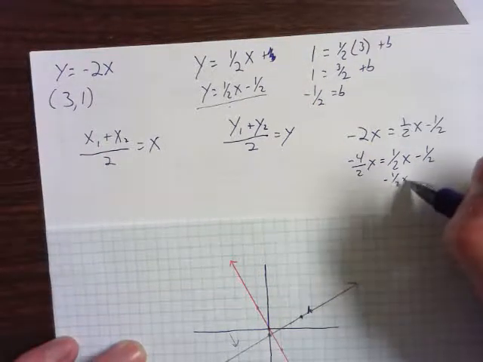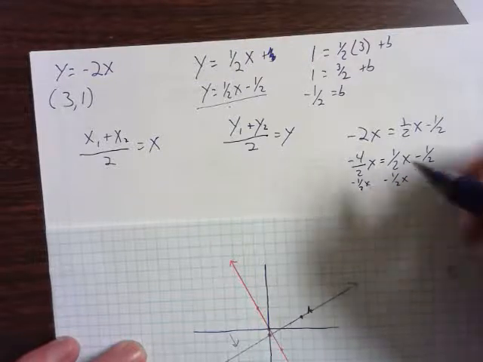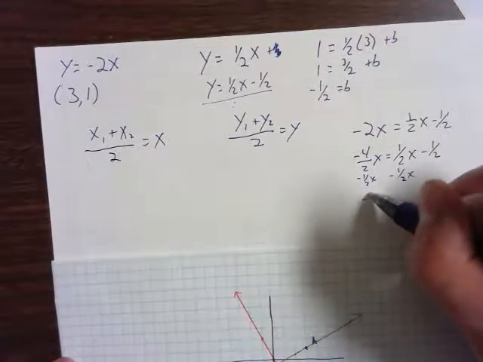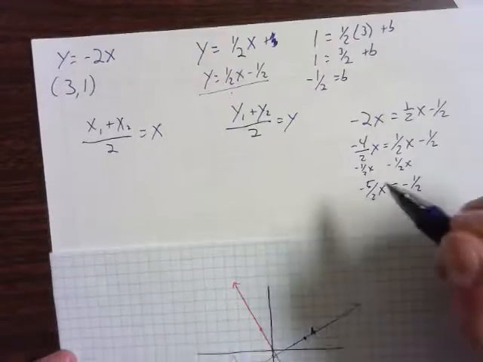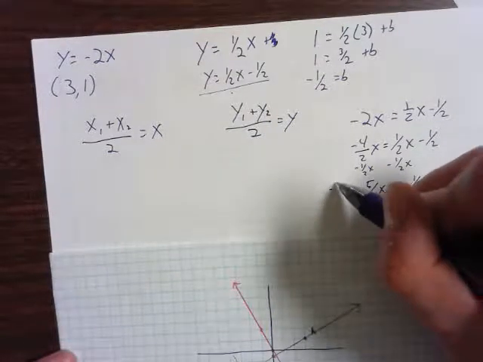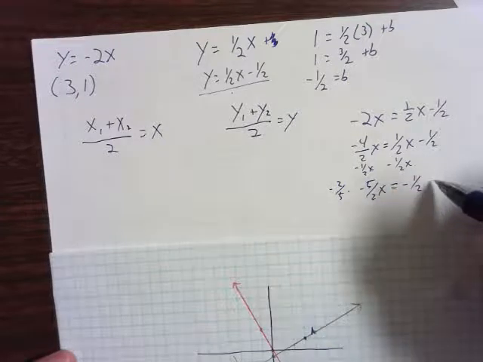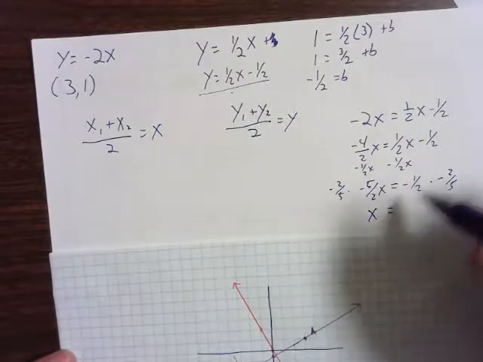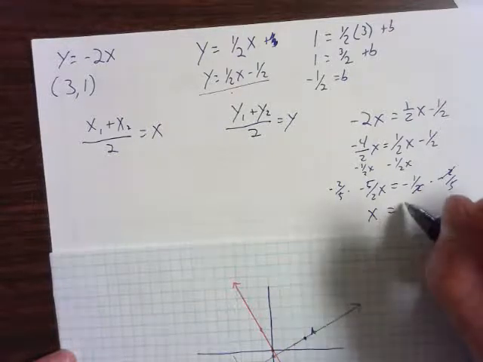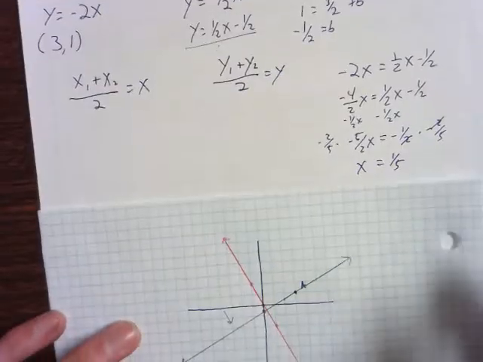I can subtract 1/2 x from both sides. Okay, and I'll have negative 5/2 x equals negative 1/2. I can multiply by the negative reciprocal here. Okay, so I'll be left with x equals, I can cross reduce, and I can be left with 1/5.